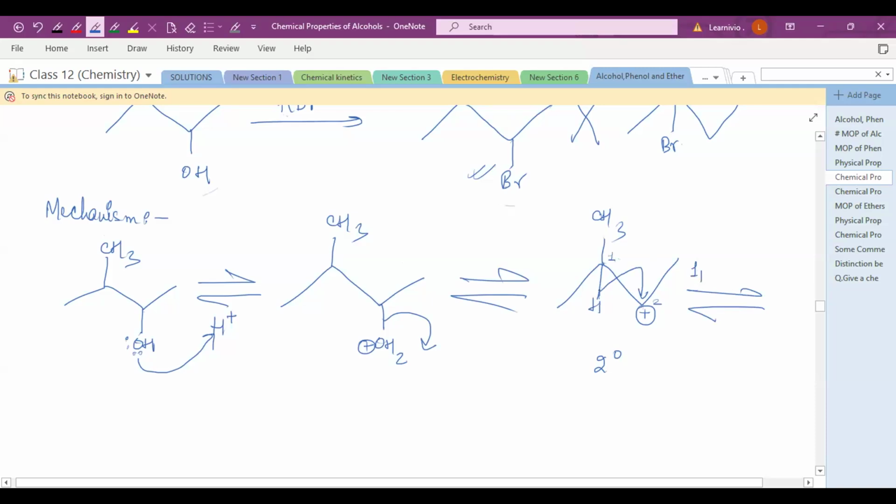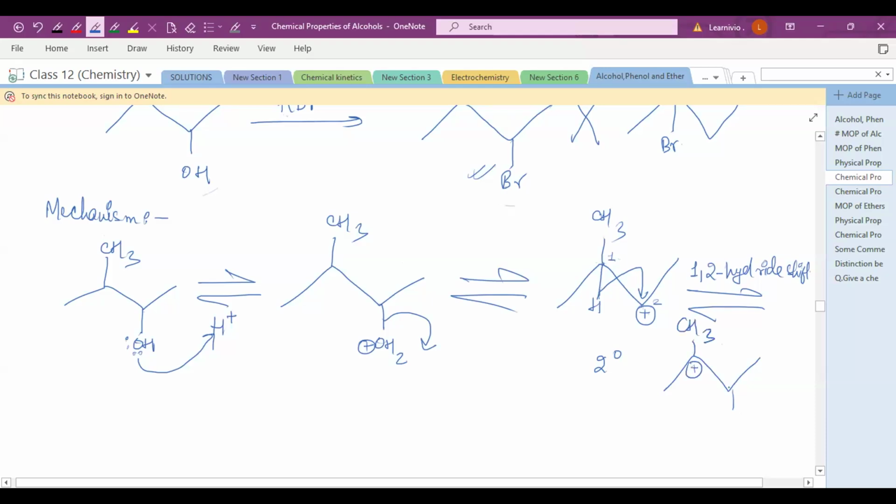The hydrogen, with its bond, will shift from the first position to the second position. So this is your 1,2 hydride shift, and the carbocation will shift over here to the second position, and CH3 stays as it is.